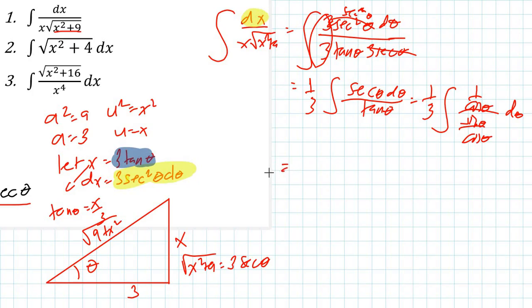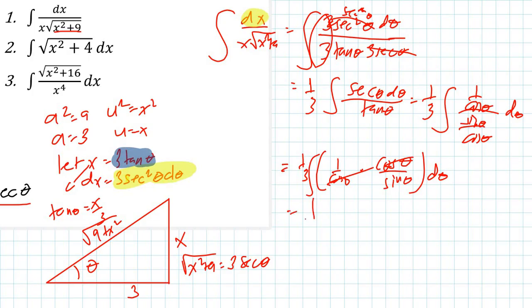So therefore, this becomes 1/3 integral of 1 over cosine theta times the reciprocal of this, which is cosine theta over sine theta. So the cosines cancel. Oops, I forgot d theta.